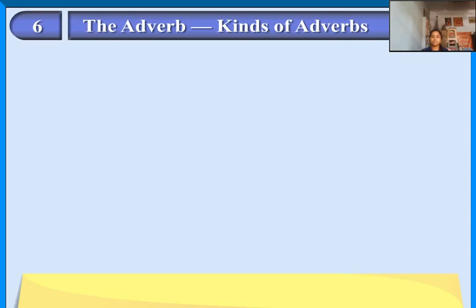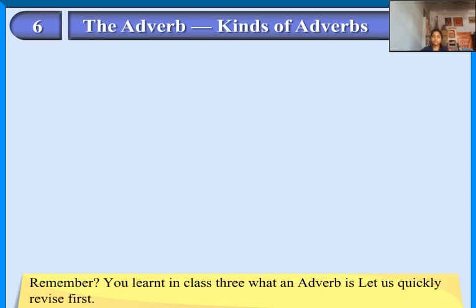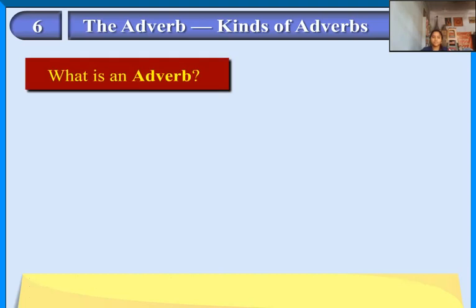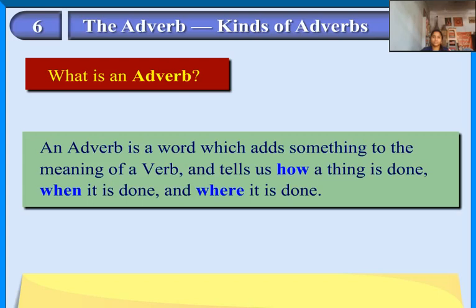The adverb. Kinds of adverbs. Remember, you learnt in class 3 what an adverb is. Let us quickly revise first. What is an adverb? An adverb is a word which adds something to the meaning of a verb and tells us how a thing is done, when it is done, and where it is done.